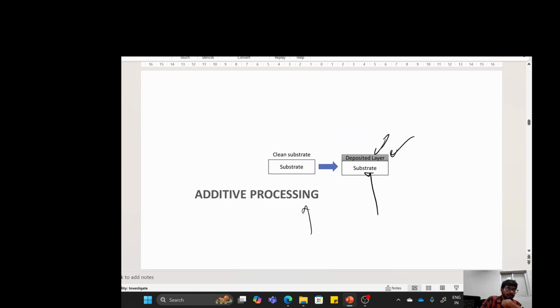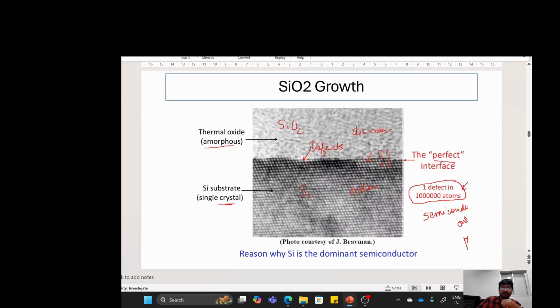Another thing is the growth of SiO2. With chemical vapor deposition, or oxidation, let us say dry oxidation, we can grow very pristine oxide. With dry or wet oxidation, this interface is very pristine, in the sense that the defects per centimeter square are fewer, as compared to if you had deposited Al2O3 or hafnium oxide, or these kinds of oxide.